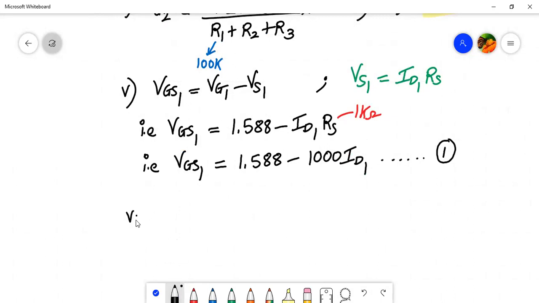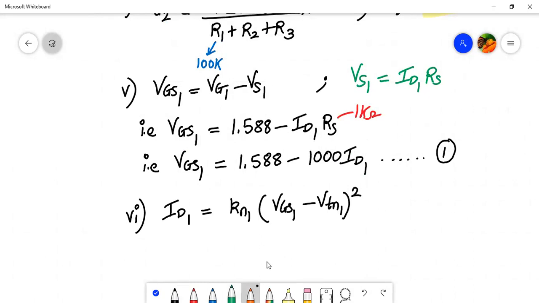So next, we assume that the MOSFET M1 is in saturation. In fact, both the transistors should be in saturation. So we can write the drain current expression as ID1 is equal to Kn1 times VGS1 minus VTN1 the whole square, right? Very confidently we can write this while assuming M1 is in saturation.